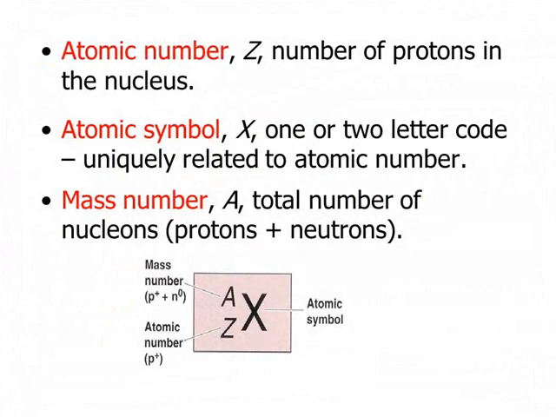This is the general representation of any element X with A and Z, as we have seen, where Z is the atomic number which represents the number of protons in the nucleus. X is the symbol for the element. It is one of the symbols.